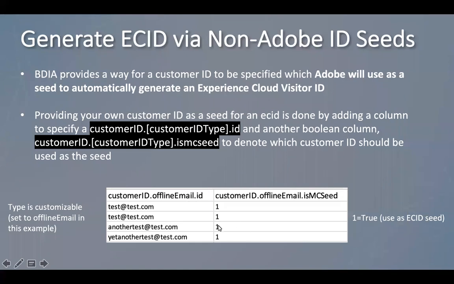So if I were to just pass this in there, what I would get out is essentially 3 unique visitor IDs or Experience Cloud IDs. So then if you're doing this regularly with the same customer set, it'll use the same seed and generate the same Experience Cloud ID for the same emails or whatever ID that you're sending. So tons of use cases and a lot of really, really cool stuff that you can do with this.